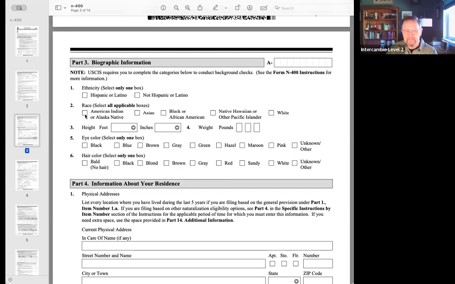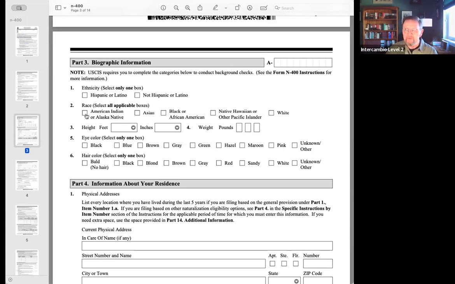Race. Now, they've only given five options for race here. I wish they gave more, but you need to check all the boxes that you think apply to you. The very first box is American Indian or Alaskan Native, and American Indian refers to any indigenous or native tribal member of a tribe in North, Central, or South America.